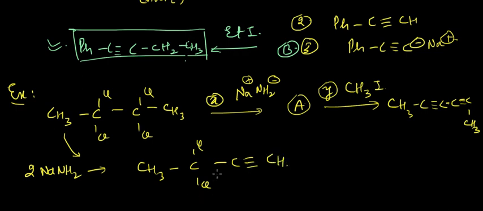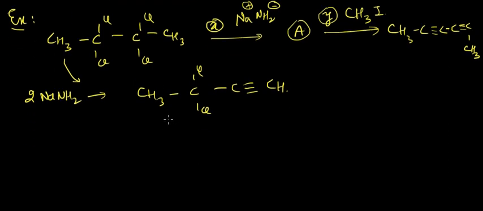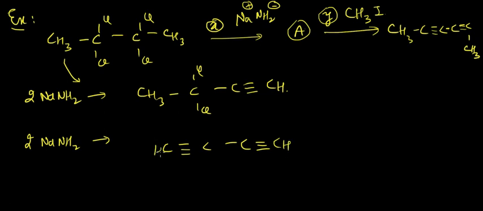Then we need another 2 moles of NaNH2 to convert the same product into this. Okay, we need another 2 moles of NaNH2 for this, removing these hydrogen atoms here, from here and from here.